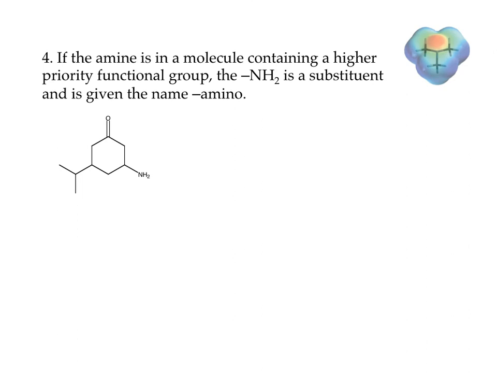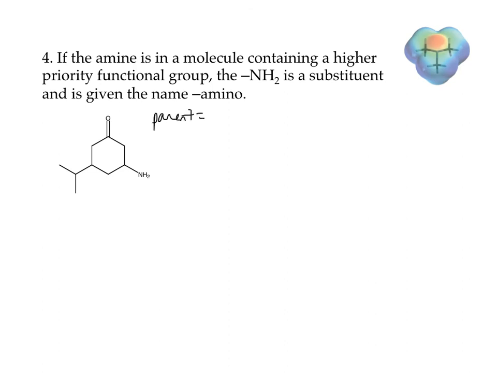As our final case, let's consider where the amine is now lower priority than something else. In that case, it's relegated to a substituent itself. So here we have a ketone. Ketones are higher than amines. So what is actually going to drive the name, the parent, is the ketone part.